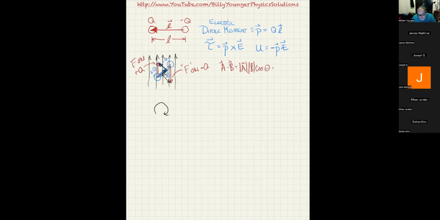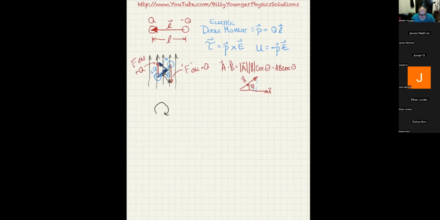Okay, so we could also write this A, B cosine theta. And what that means is if this is a vector B and this is a vector A and they're tail to tail, then the smallest angle between them is the angle theta.